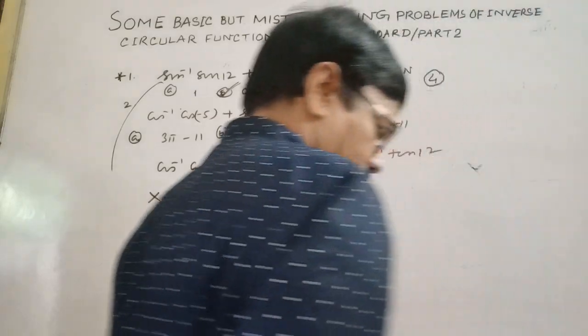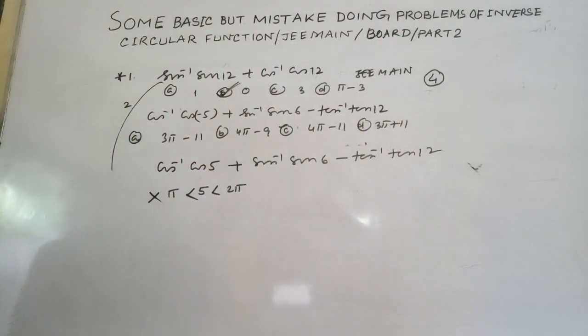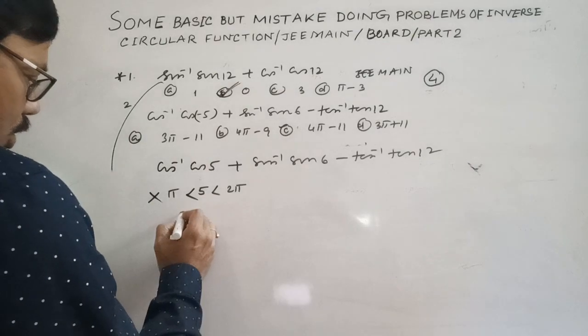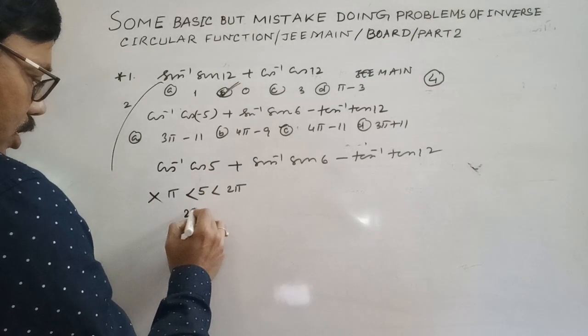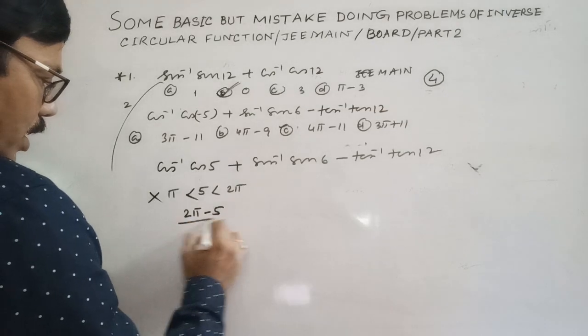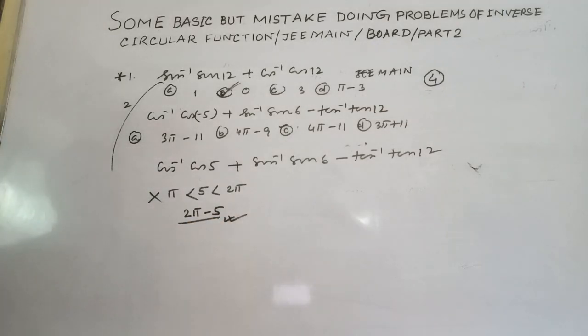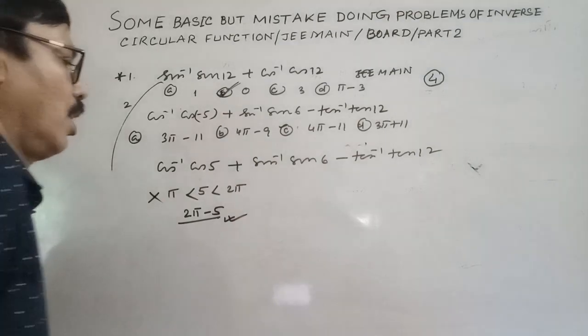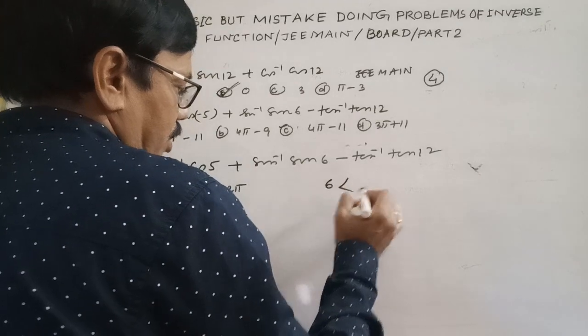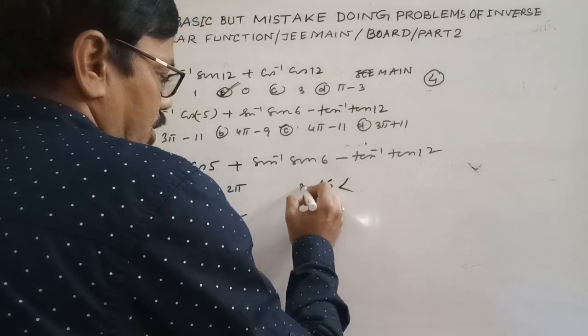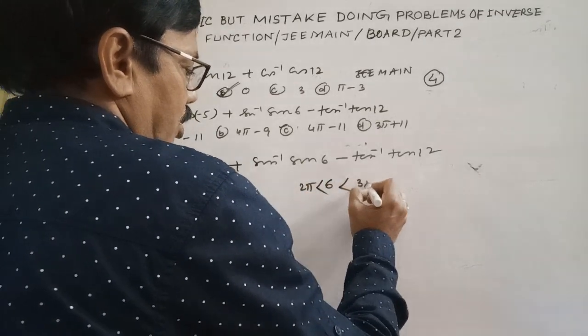Then what is the answer? Even multiple, 2 pi, minus angle. So this one is 2 pi minus 5. Even multiple minus 5. Now in case of sine inverse, this is 6. So this is 2 pi, this is 3 pi.